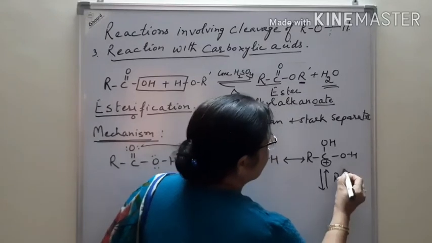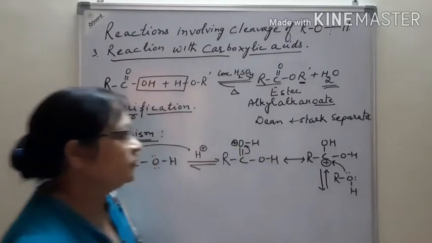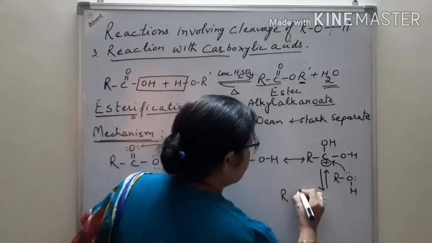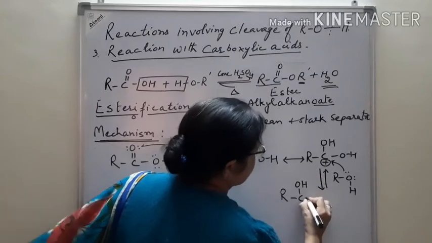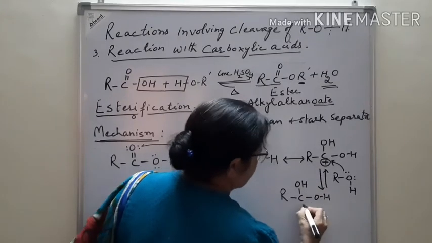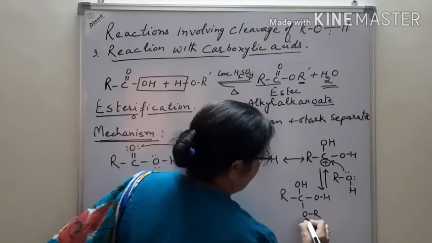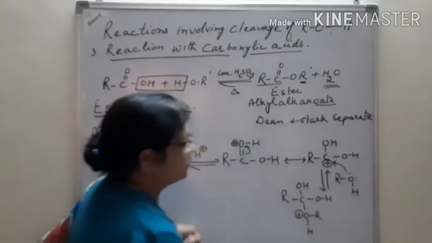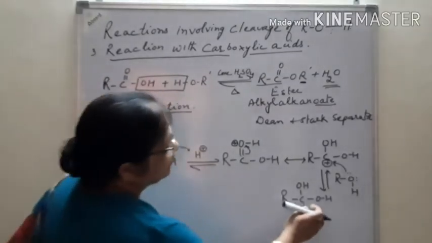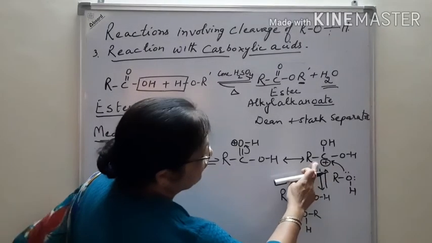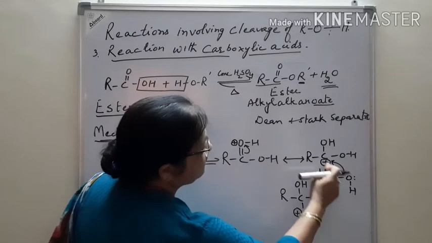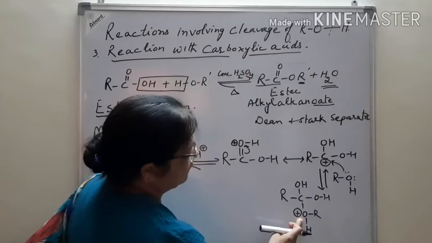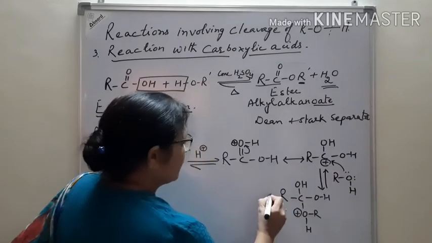That nucleophile attacks the positively charged carbon atom. R, C, OH, OH, oxygen, R and H. Oxygen forms 3 bonds, so positive charge. And how many bonds has carbon formed? 4 bonds, no charge, so it used its electrons to form the bond. Oxygen has formed 3 bonds, so a positive charge has come, it used its electrons, right.